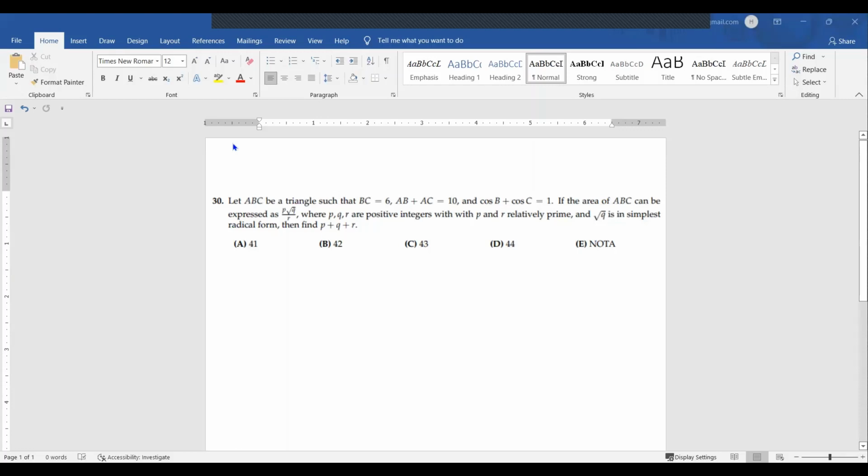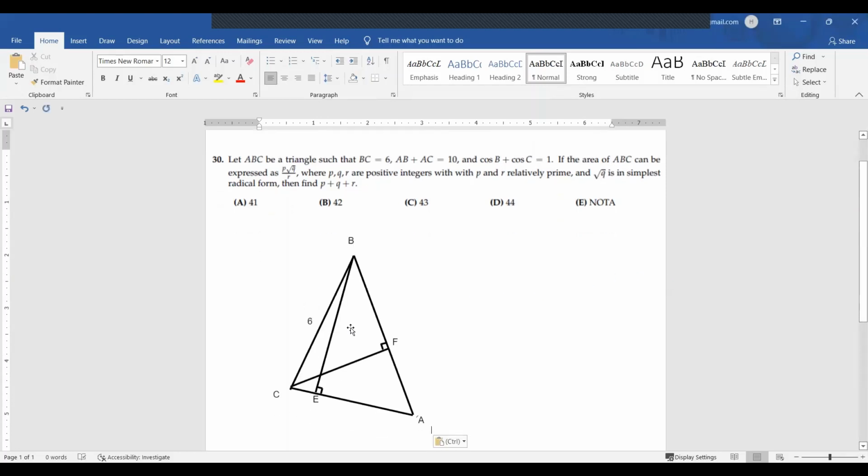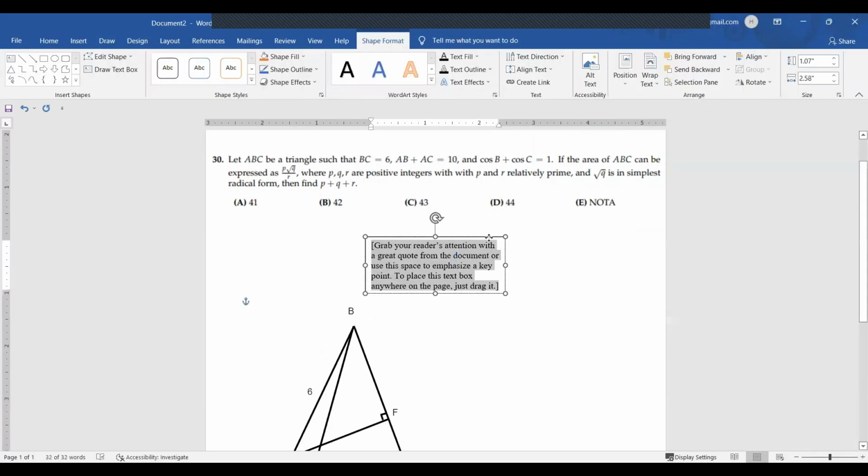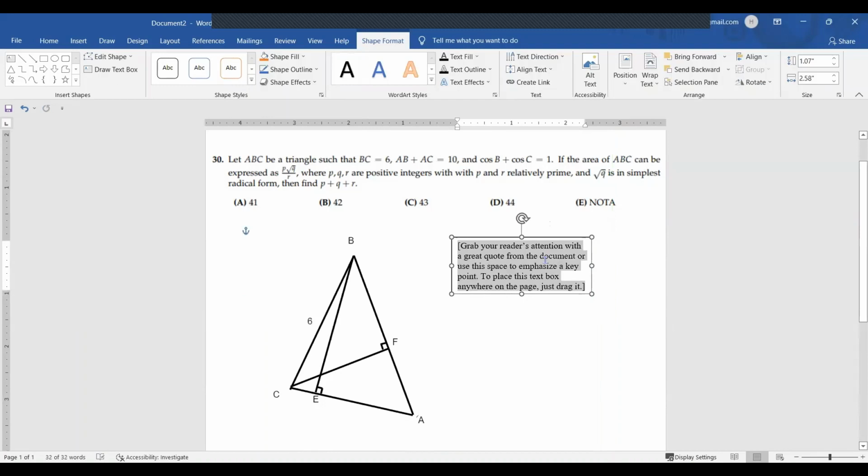Because we're dealing with cos here, it's important to realize that we will be working with right triangles. So I've gone ahead and taken the liberty of creating a diagram, as shown right here. In it, I've drawn the altitudes from points C and B. Now, one thing that we should take care to notice is that we need to establish some terminology.